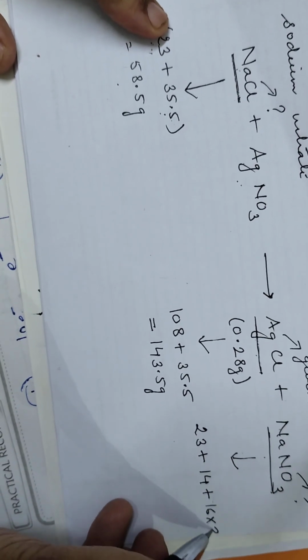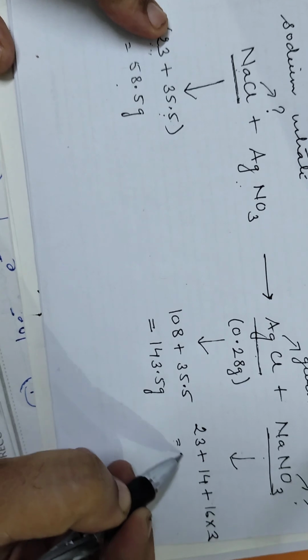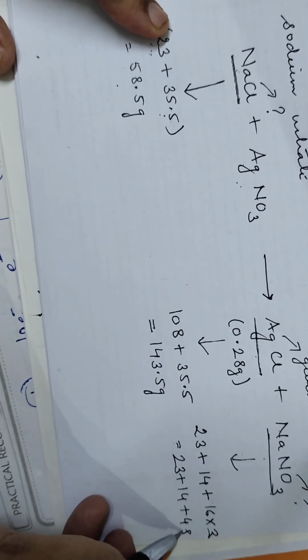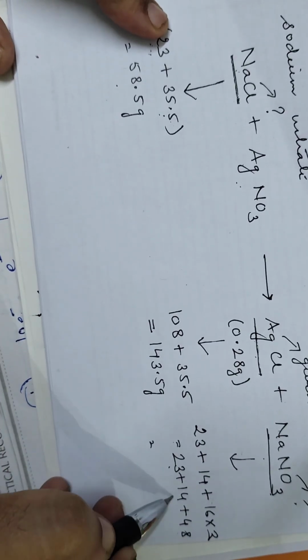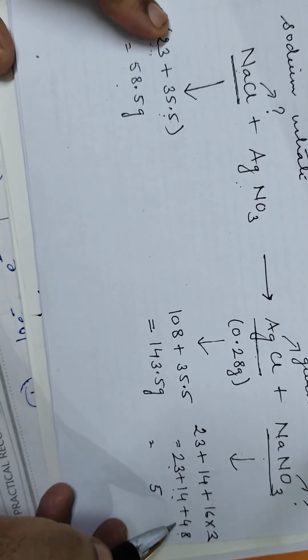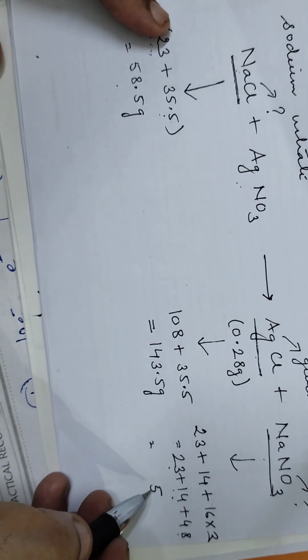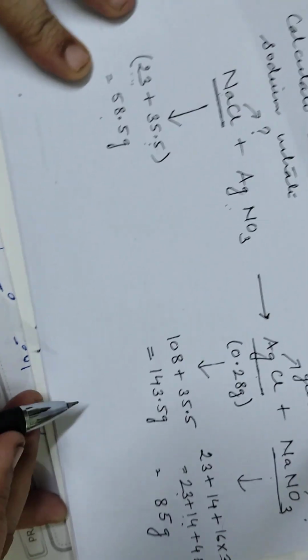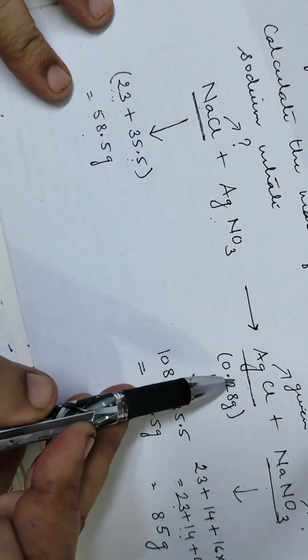So it is 16 into 3. That is 23 plus 14 plus 16, 3s are 48. It becomes 85 gram. So I calculated the gram molecular mass of required substances.